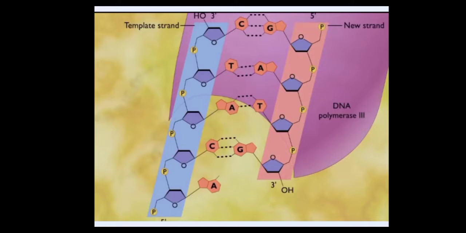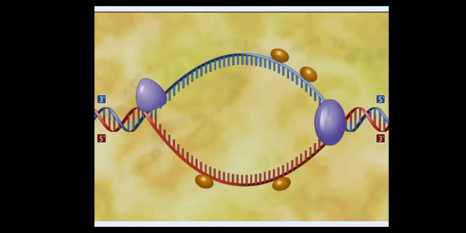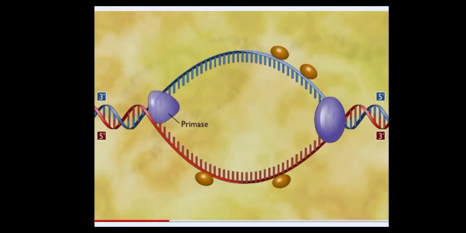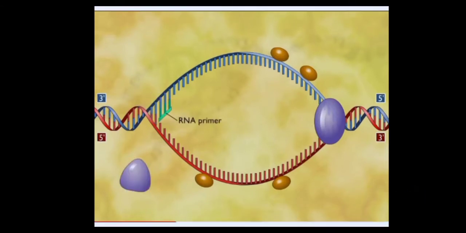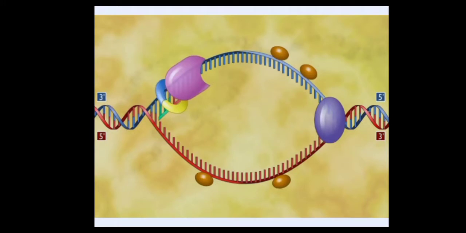DNA polymerase III can only add nucleotides to the 3' end of a pre-existing chain of nucleotides and cannot initiate a nucleotide chain. Therefore, an RNA polymerase called primase constructs an RNA primer, a sequence of about 10 nucleotides complementary to the parent DNA. DNA polymerase III can add deoxyribonucleotides to synthesize a new complementary strand of DNA.